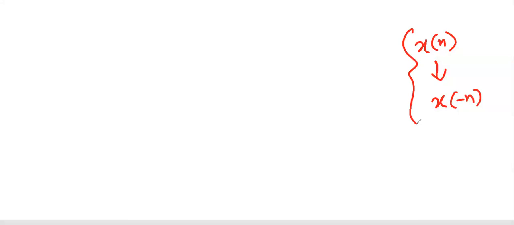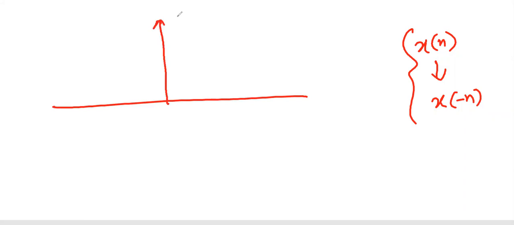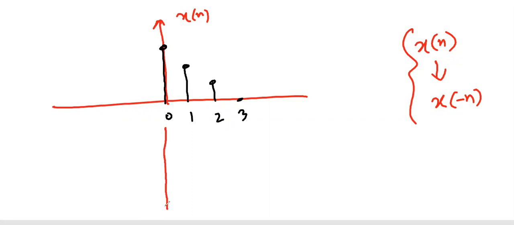So we have our x[n]. Let's say we take an x[n]. The x[n] may look like this. Okay, so this is 0, 1, 2, 3. Now our job is to draw the folded version of this x[n].